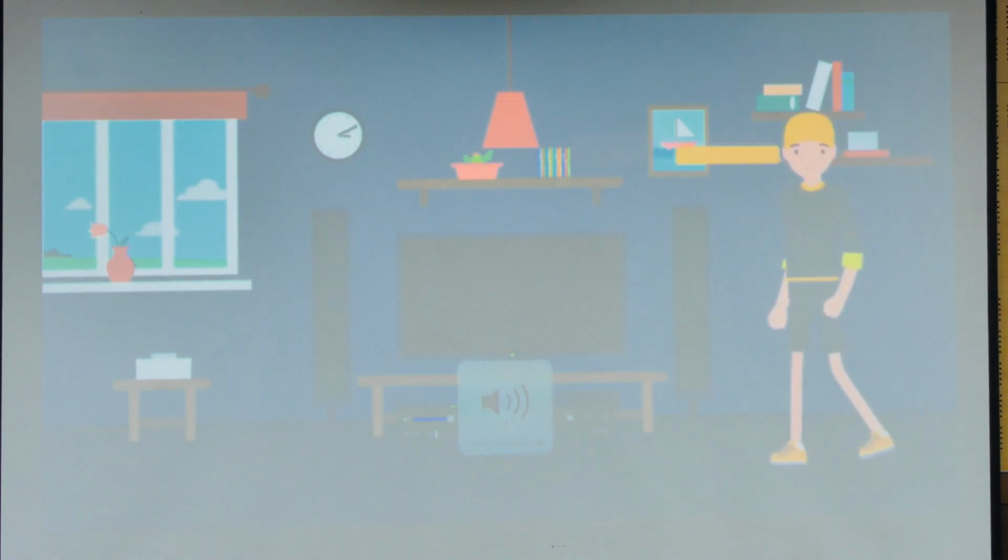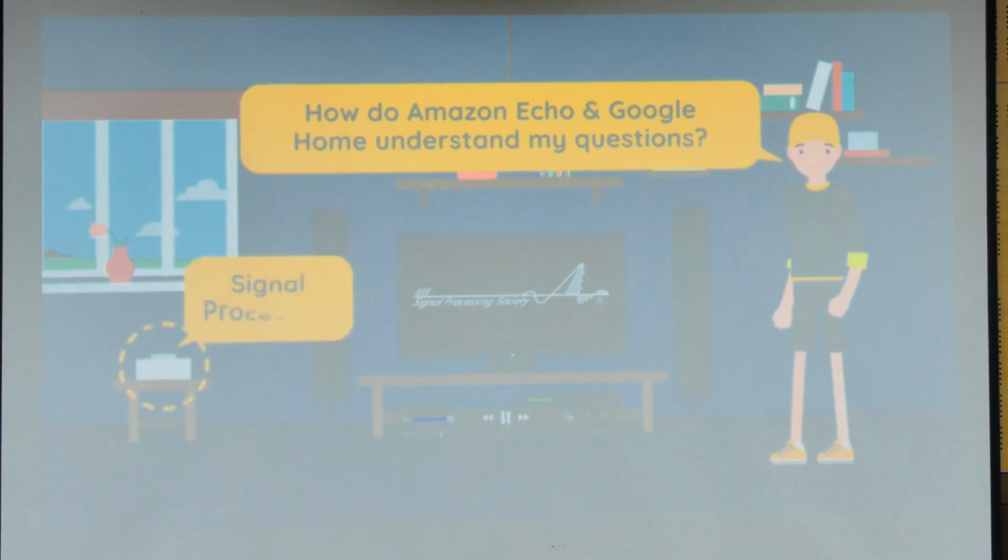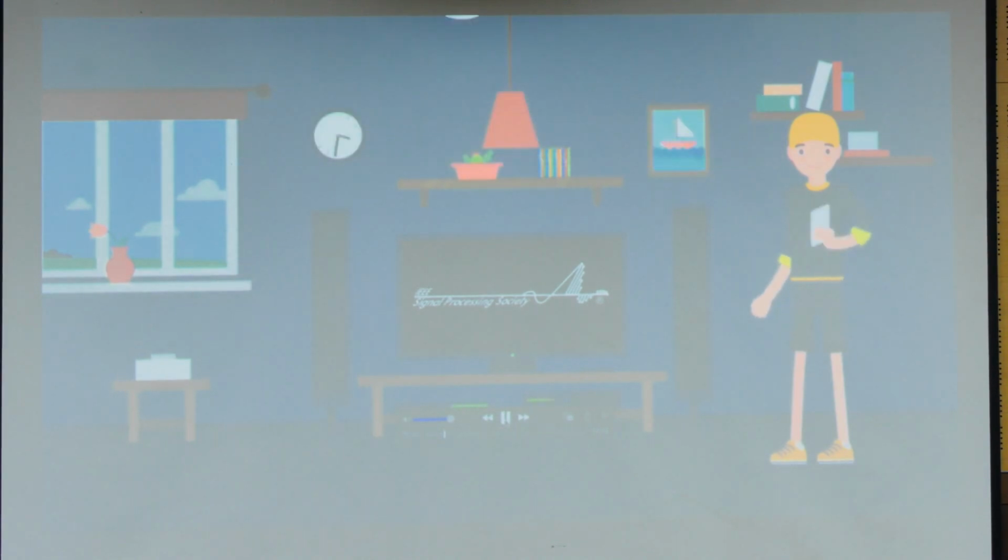Have you ever wondered, how do Amazon Echo and Google Home understand my questions? The answer is signal processing, the science behind our digital lives. Computers and smartphones have allowed speech recognition for quite a while, but deploying that technology in home assistants has been much trickier.